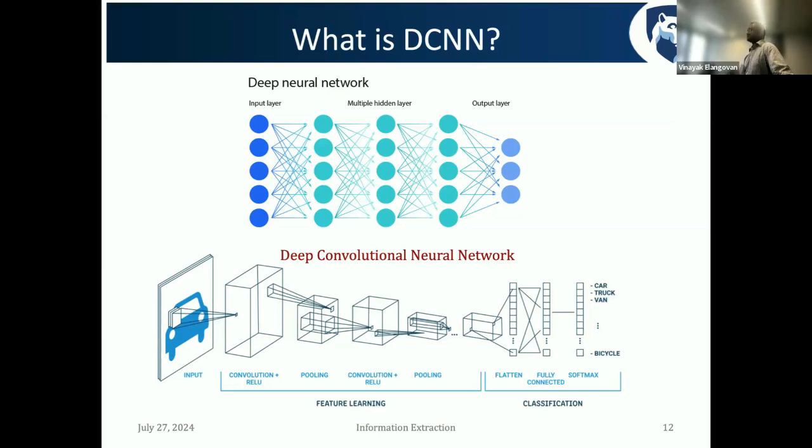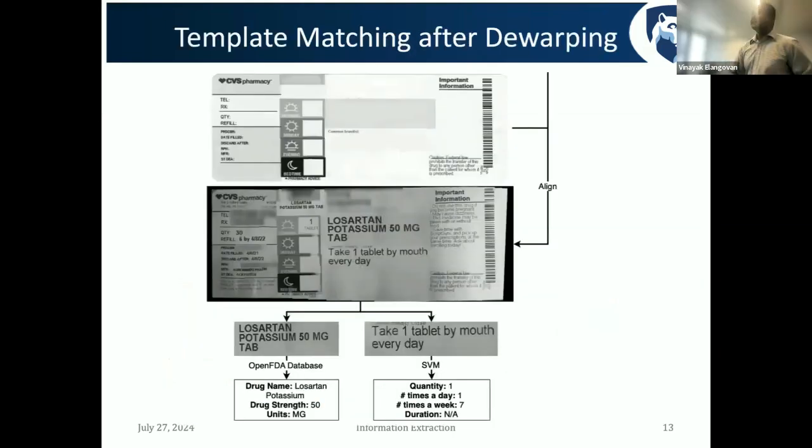The CNN is actually based on how animals view through their cortexes. Okay, so they have 3 different layers. They have a separate layer for the red component, green component, and the blue component. So CNN is based on that, and deep CNN and EfficientNet, all those are advanced versions of CNN.